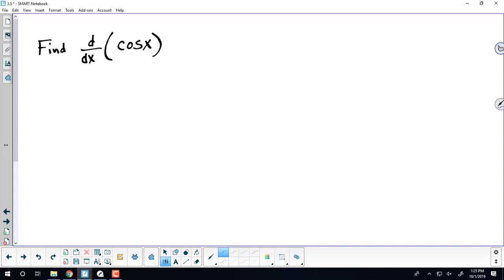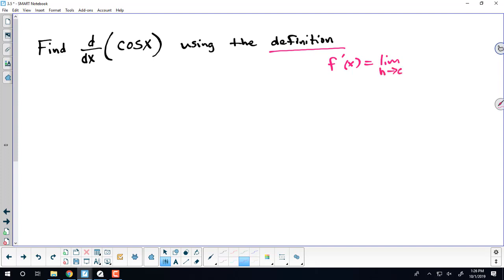But now we'll look at finding the derivative of cosine x using the definition. Remember the definition of a derivative: f prime of x is the limit as h approaches 0 of the difference quotient.